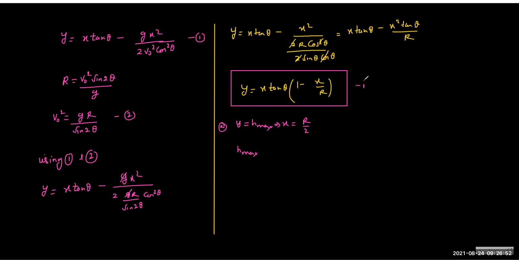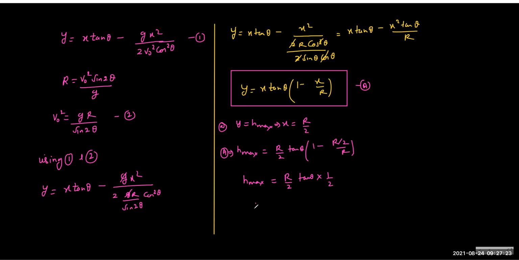And if you substitute, what you get is h max. So I can say maybe question number 3, I just call it A. A implies h max equals r by 2 tan theta into 1 minus r by 2 by r. So we have a very nice relation between h max, r by 2 tan theta into 1 by 2.